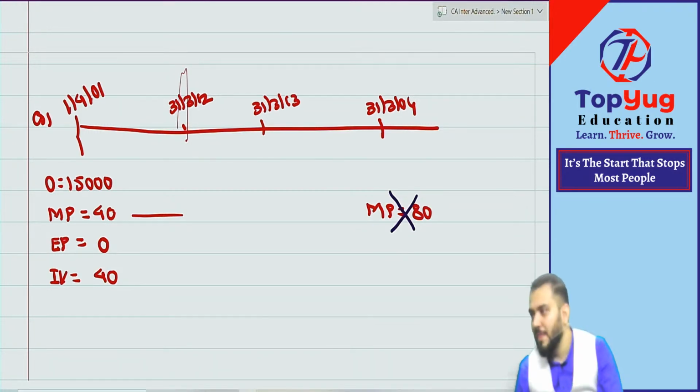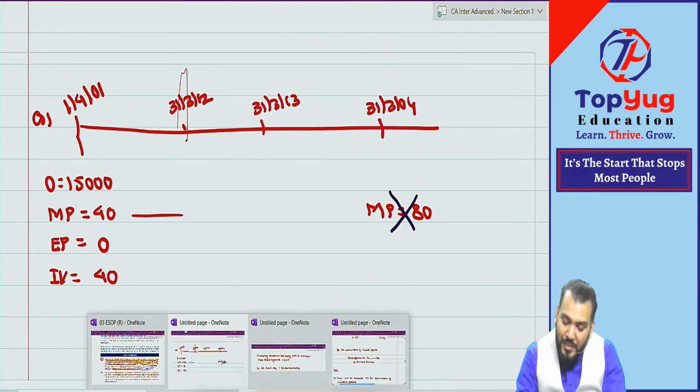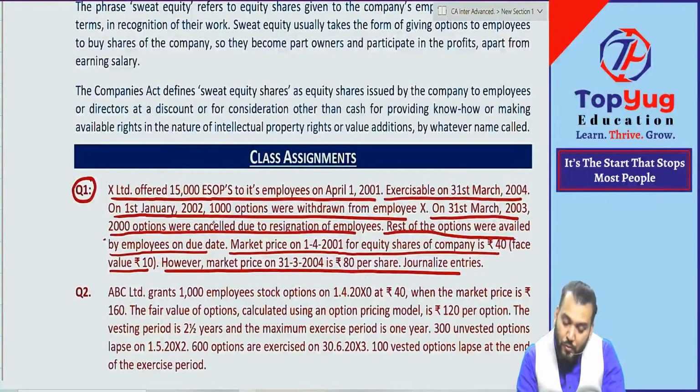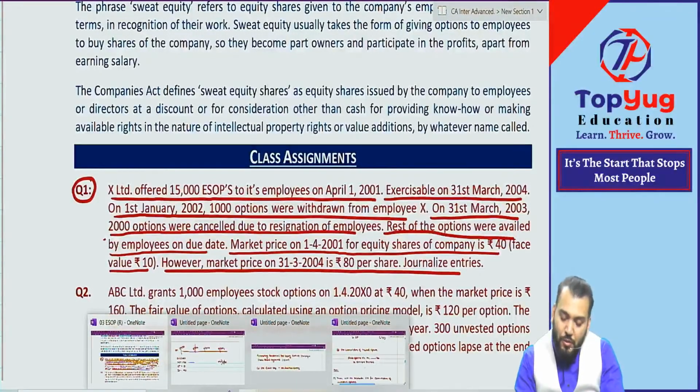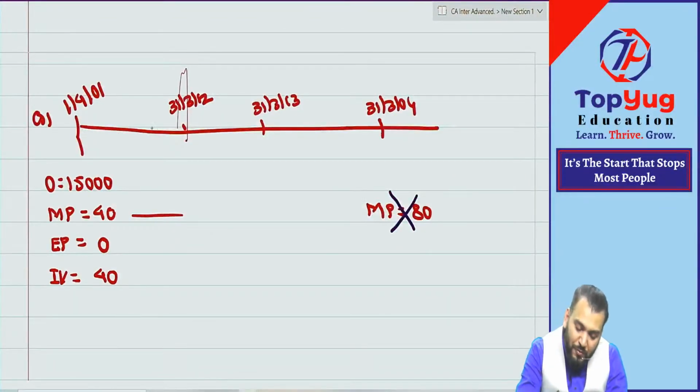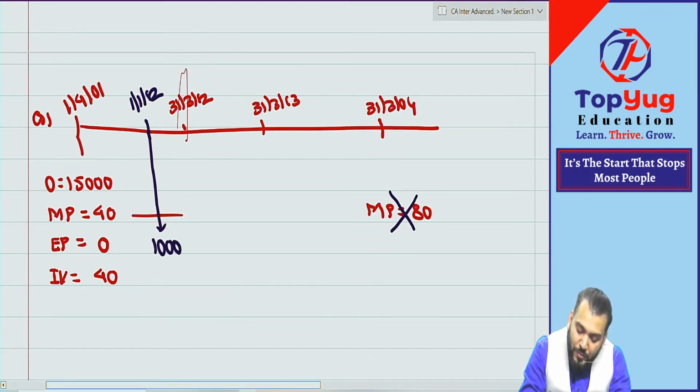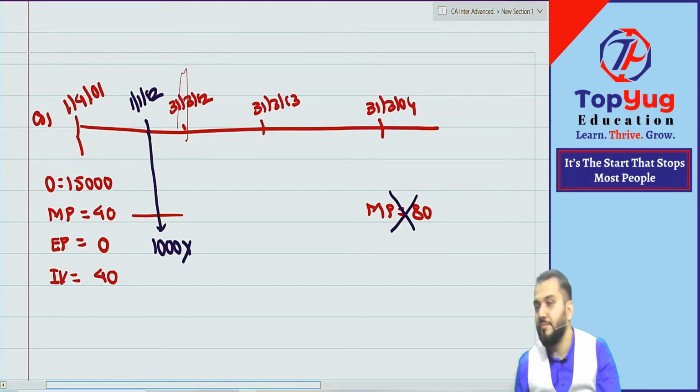Correct. Then they have said some points, we will check. 1000 options were withdrawn on 1st Jan 2002. So on this date, 1000 options were cancelled, withdrawn.